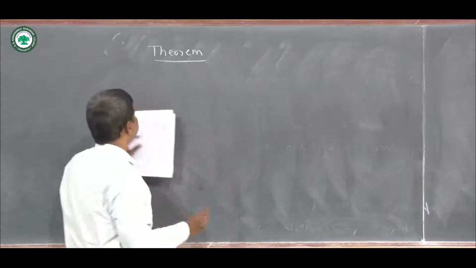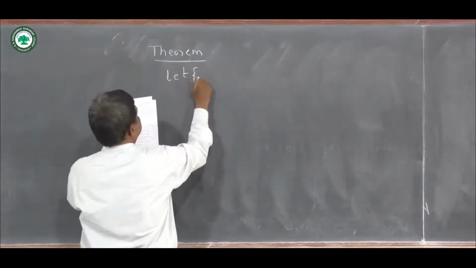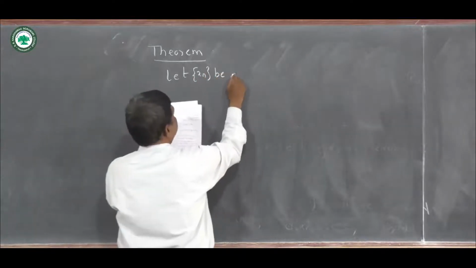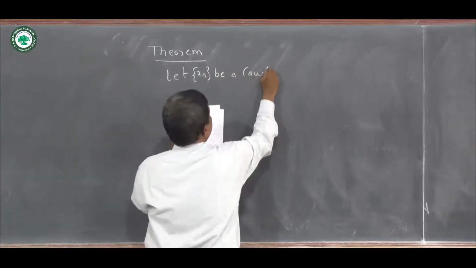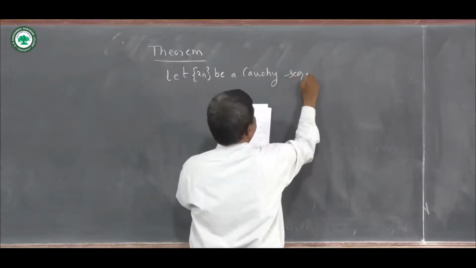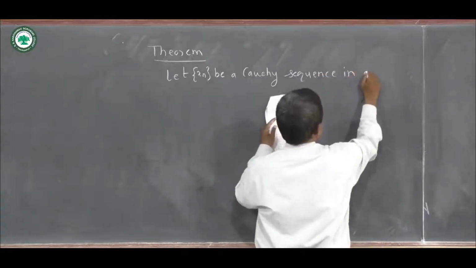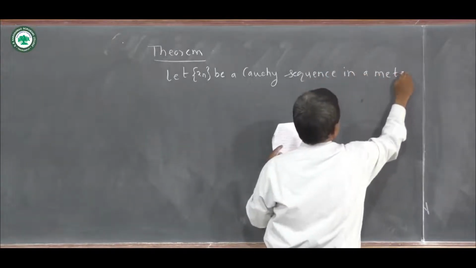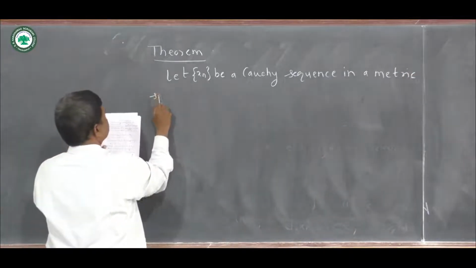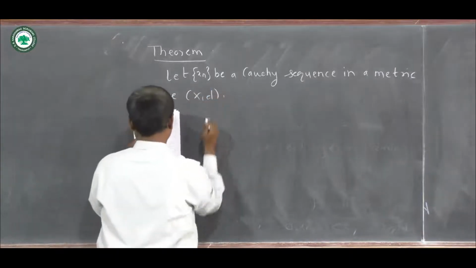So the statement of the theorem is: let xn be a Cauchy sequence in a metric space (X, d).